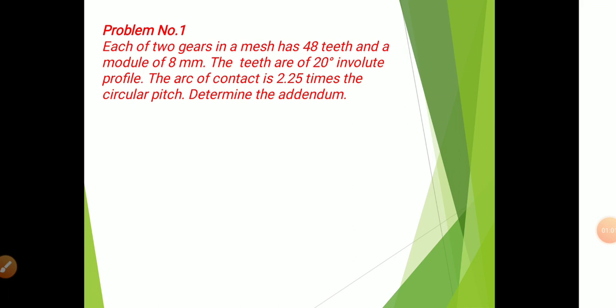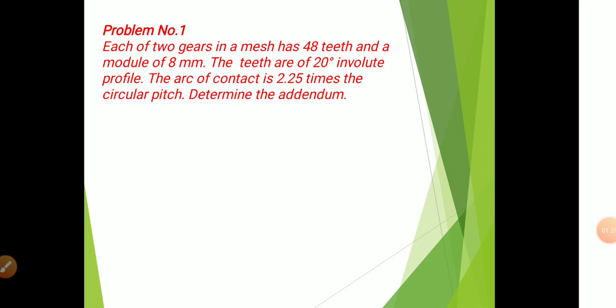This means both gears have the same number of teeth, and the module is 8 mm, m is equal to 8 mm. The teeth are 20-degree involute profile. This means the profile of the gear is involute, and the angle is 20 degrees, that is phi.